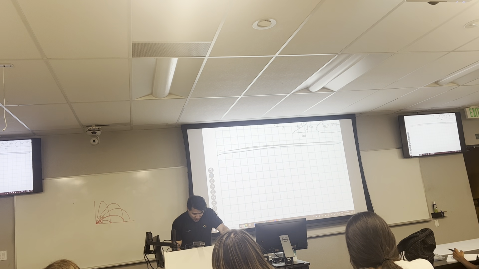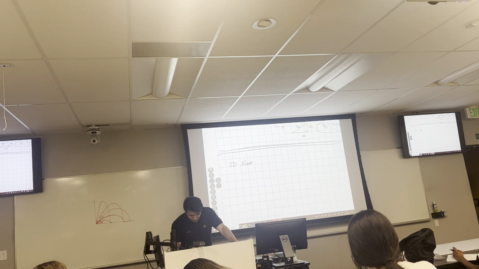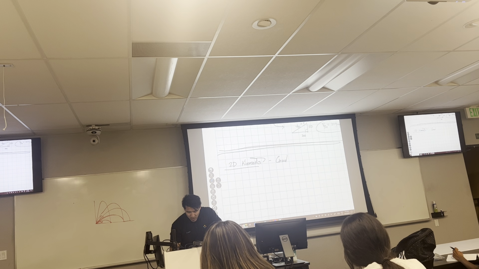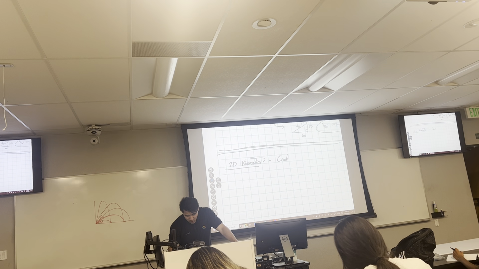So harder than projectile motion. So this is 2D kinematics. And the type of motion we're going to be talking about is what is called circular motion.